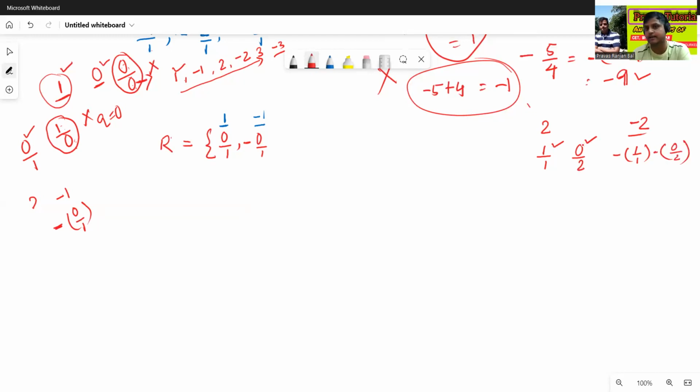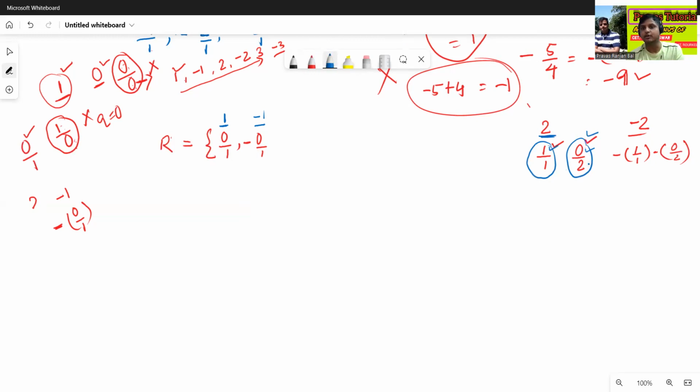There are two possibilities for the 2 case, either 1 by 1 or 0 by 2. So how to write which one first? We can follow any order. Based on the p values, here the p value is 0 and here the p value equals 1.